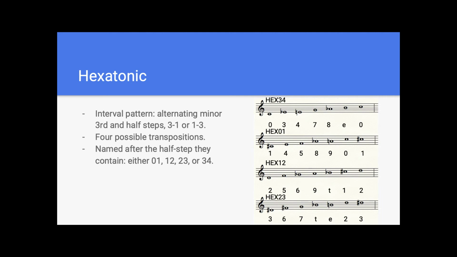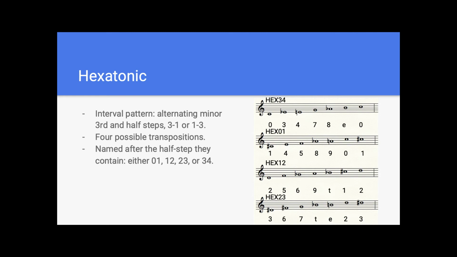And sing: 2, 5, 6, 9, 10, 1, 2. And finally, hex 2-3 at the bottom. 3. Ready? And sing: 3, 6, 7, 10, 11, 2, 3.